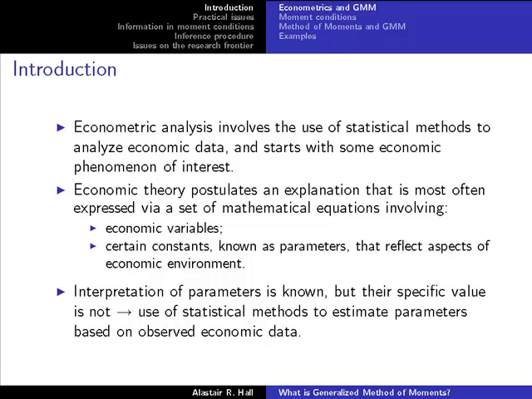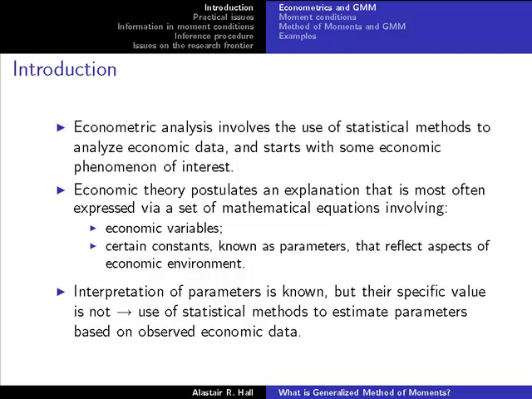These equations involve two types of quantity: economic variables that naturally arise in the context we're looking at, and also certain constants that we refer to as parameters that reflect aspects of the economic environment, maybe something to do with tastes of individuals or technologies available to firms.